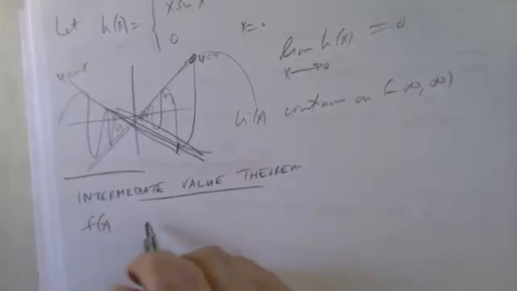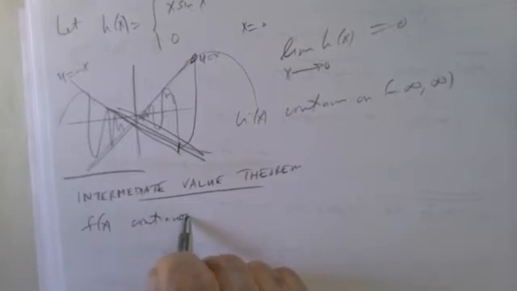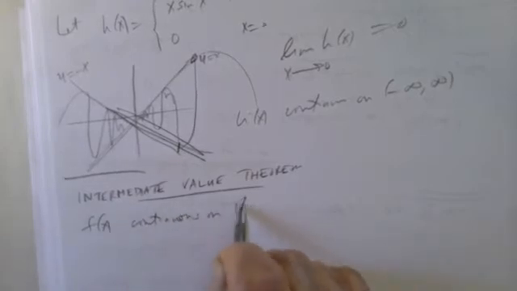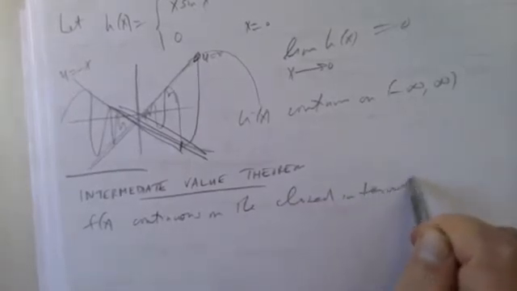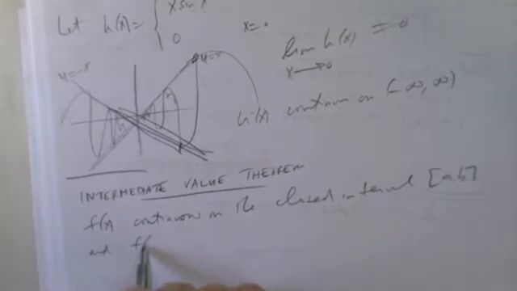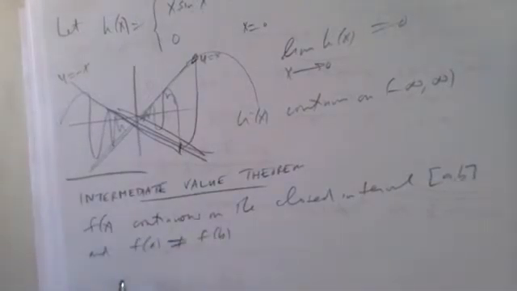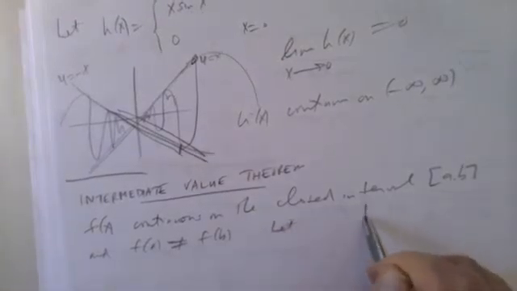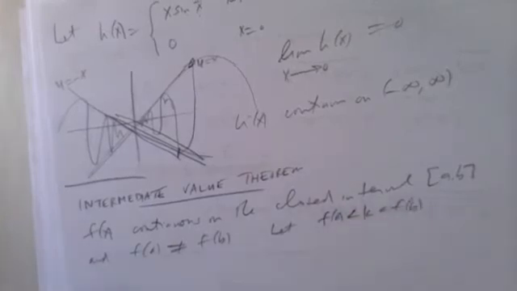We have a function f of x, which is continuous on the closed interval from A to B. And f of A in this case is different from f of B. And let k be any number between f of A and f of B.